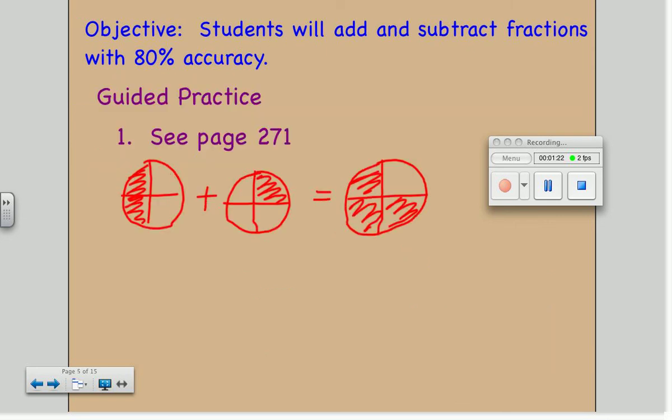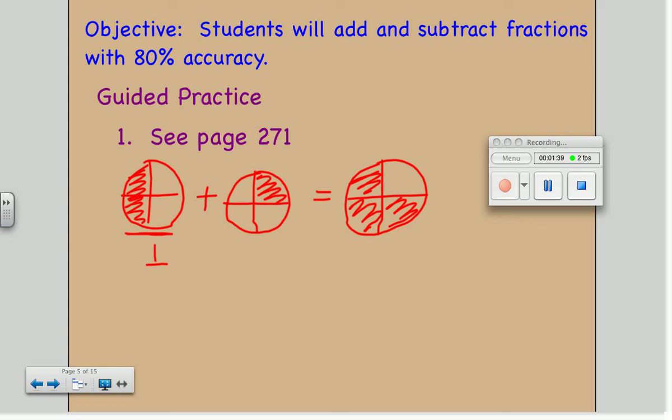Okay? All right. So here what I'm going to do is write an addition problem. So, how much does the first circle represent? This circle here represents how much? Some of you might say 2 out of 4. Some of you might say 1/2. Both of those are correct.